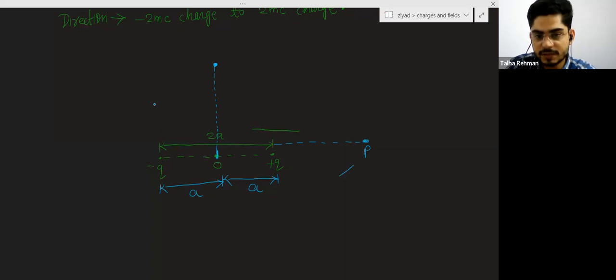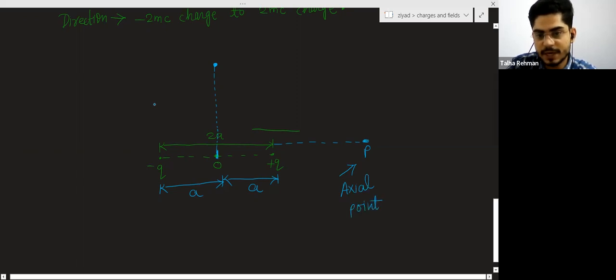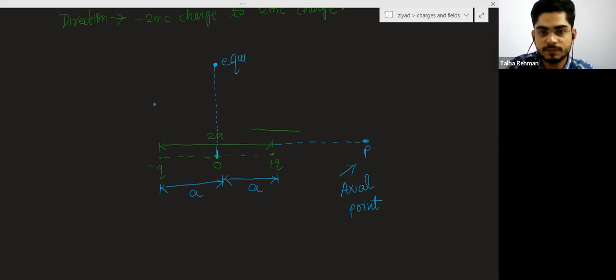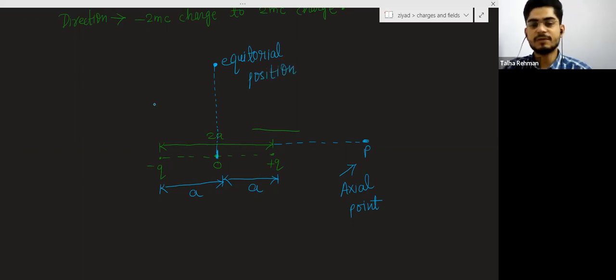This point P is known as the axial point, or you can say axial line. This position is known as the equatorial. So we will now calculate the electric field at the equatorial position and the axial position.